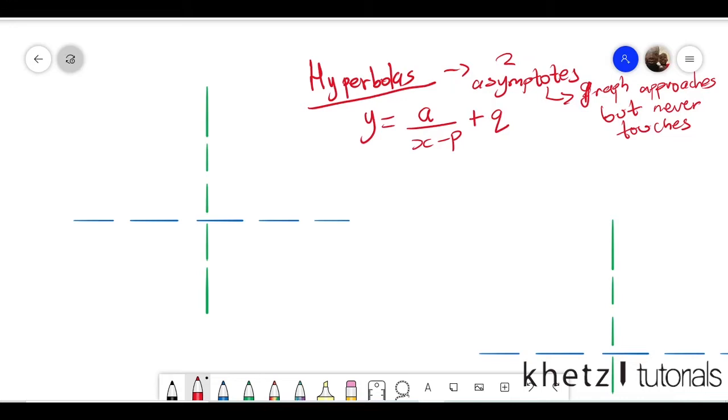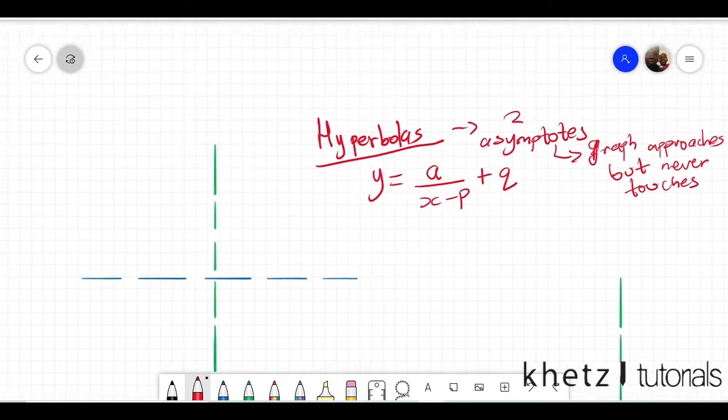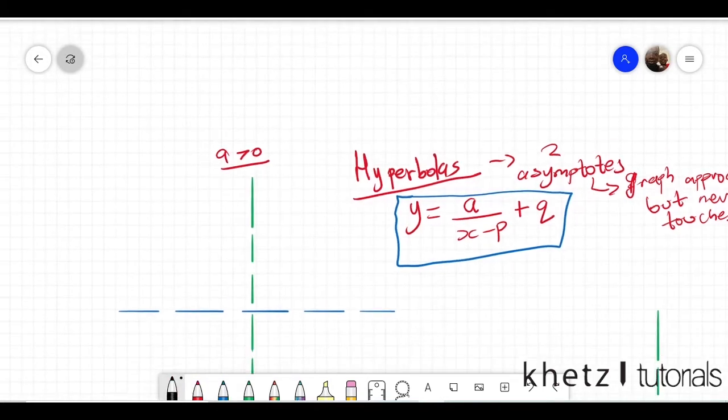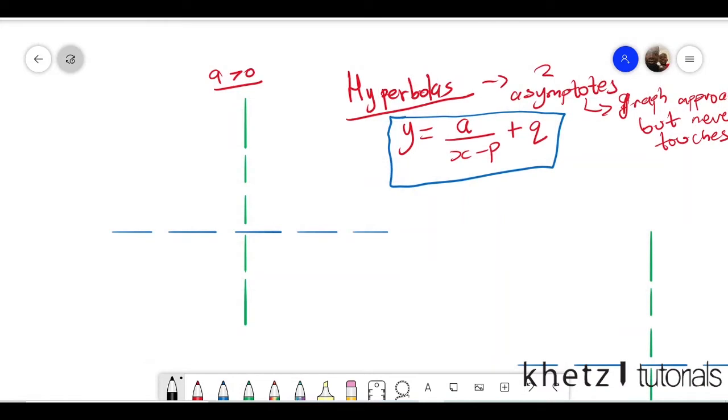From the general formula of your hyperbola, which I just wrote here, we're saying that if a is greater than 0, now we expect our hyperbola to be situated in the first. So let me just draw it properly so that you see that it approaches.